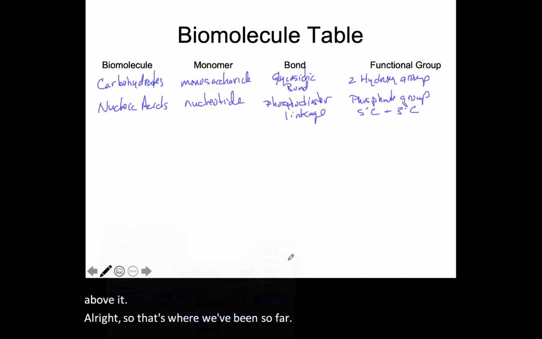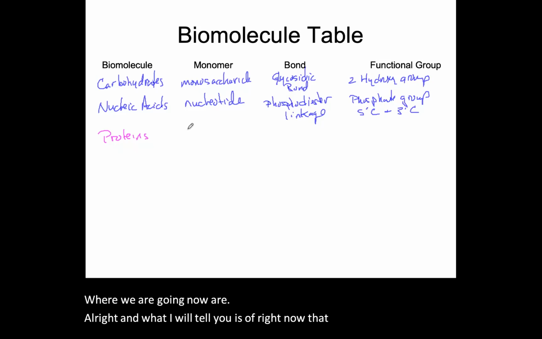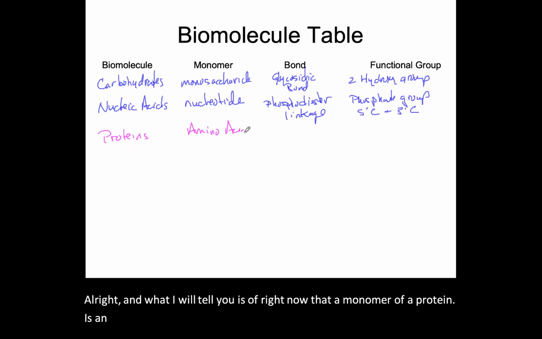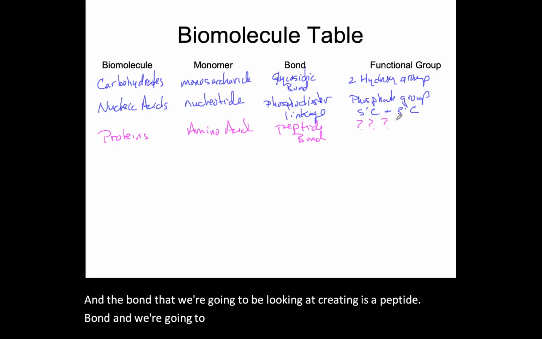Where we are going now are proteins. And what I will tell you is, as of right now, that a monomer of a protein is an amino acid. And the bond that we are going to be looking at creating is a peptide bond. We're going to leave this a mystery for right now.